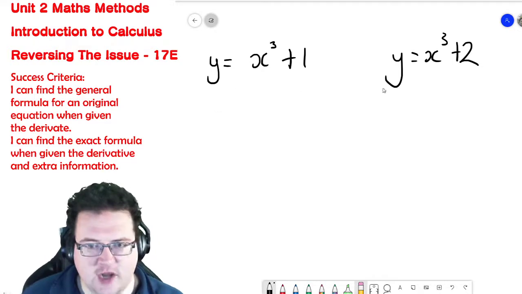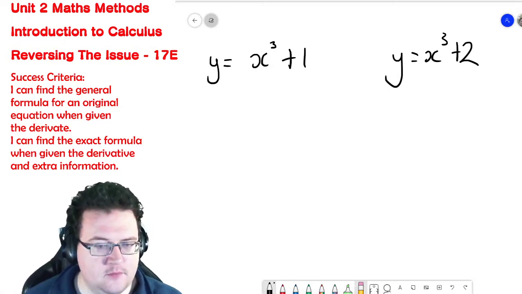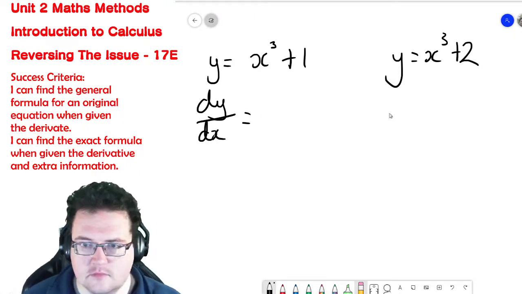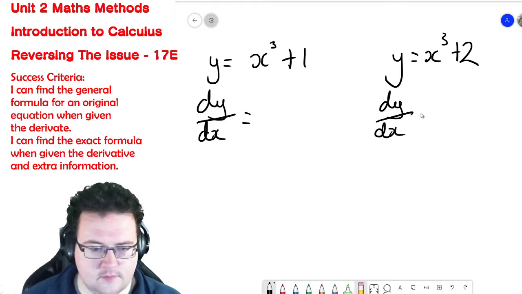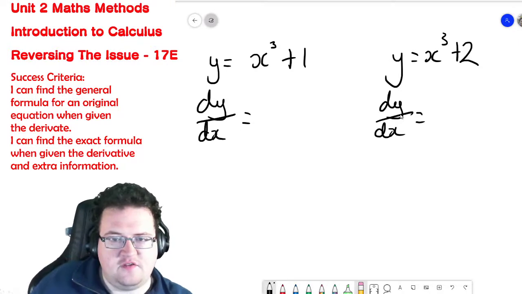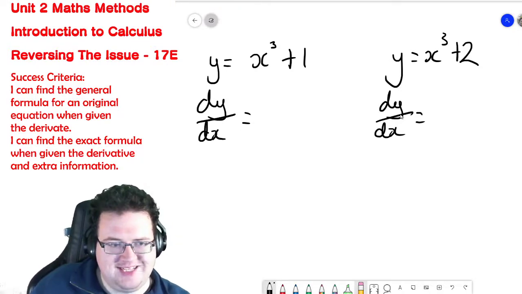If I take dy dx of both sides, what am I actually going to end up with? If I take dy dx of both of these functions, what answer am I going to get?